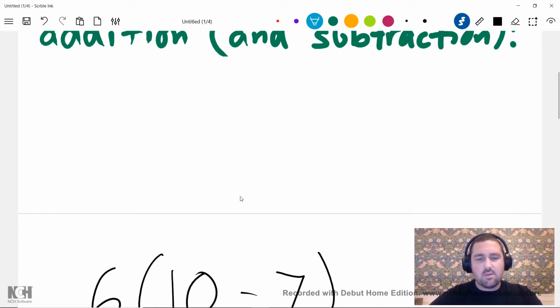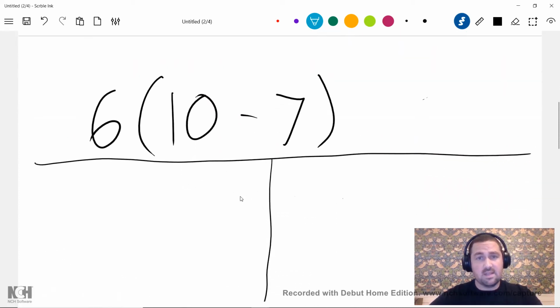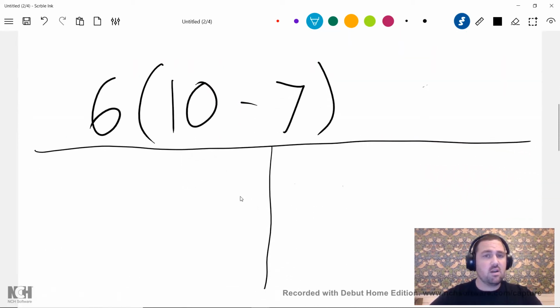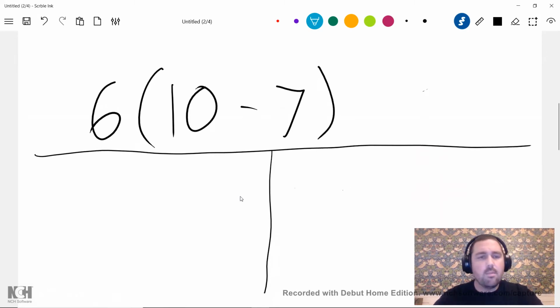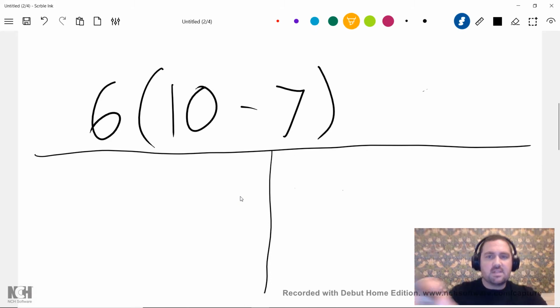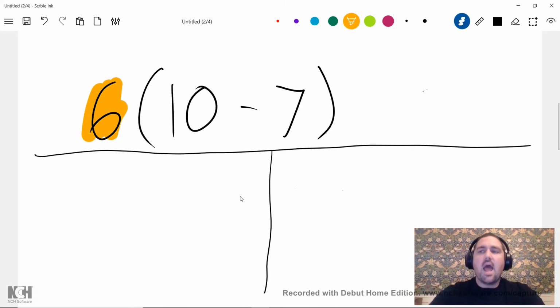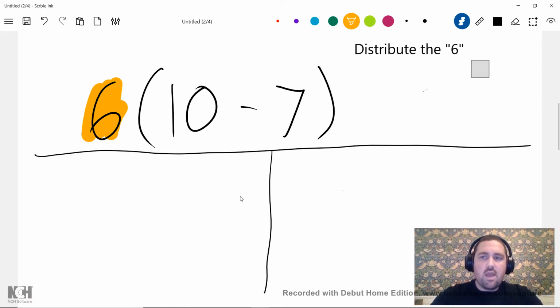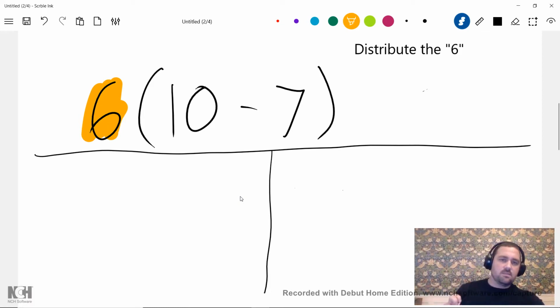So let's look really quickly at what we mean when we say distribution of multiplication across addition or subtraction. Here's an example of an expression that you could use distribution to simplify. Notice here we have this 6 on the outside, and there's a 10 minus 7 on the inside. Most people would say, oh yeah, you're going to distribute the 6.